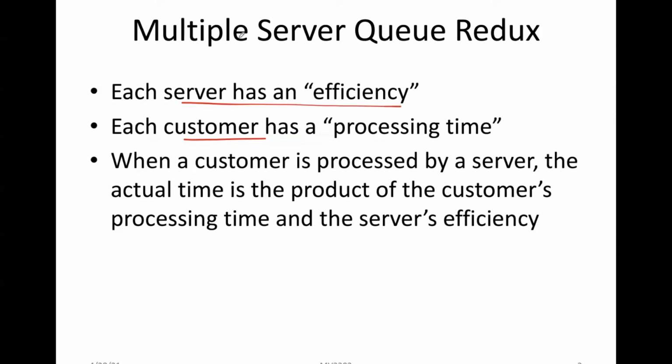The point is that in these models, if you make things too deterministic, then the models lose their power. In other words, if every customer, even customers of a given type, have exactly the same processing time, then you're not going to capture the kind of randomness that you encounter in the real situation.